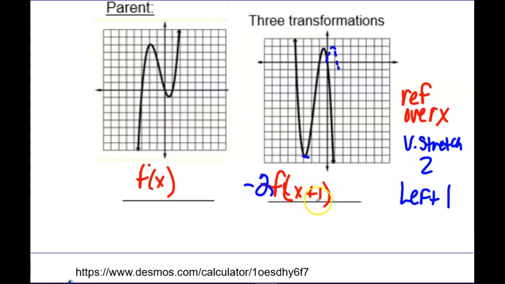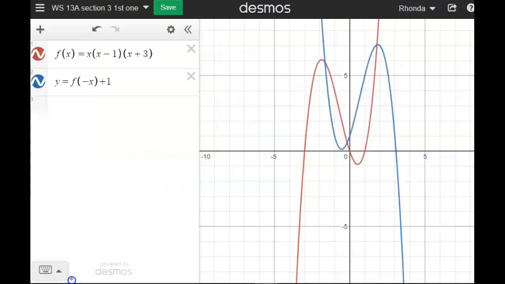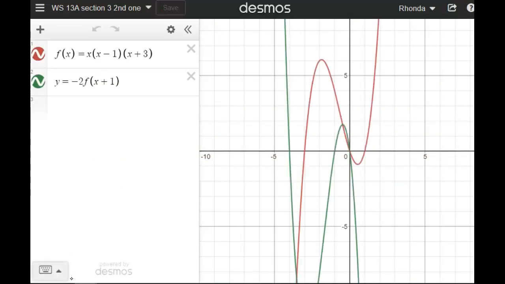This would tell us to go left 1 first. Then, it doesn't matter the order here. Flip it upside down and stretch by 2. Yeah, I think we're good. Is that what we said? Negative 2 out front and a plus 1 inside? Okay.